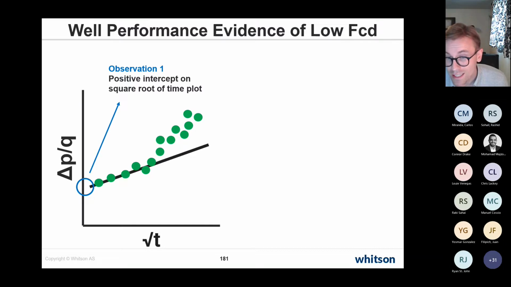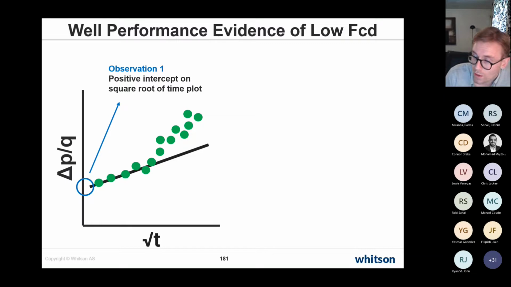That's one way that typically would suggest that a low fracture connectivity system might be required here to get good numerical model history matches. It can also mean that your initial pressure estimate is actually wrong. But if you're comfortable with all these other parameters, such as initial pressure, then that could be one indication.